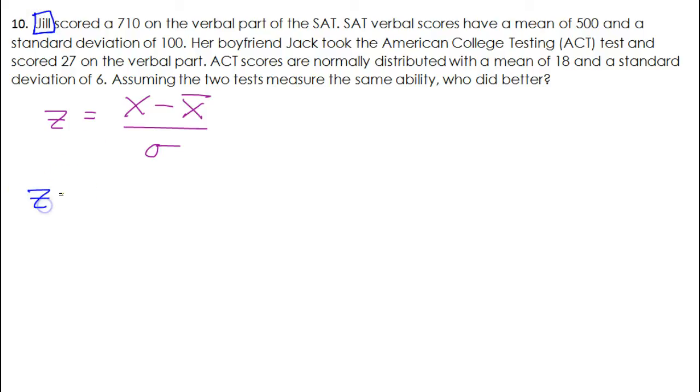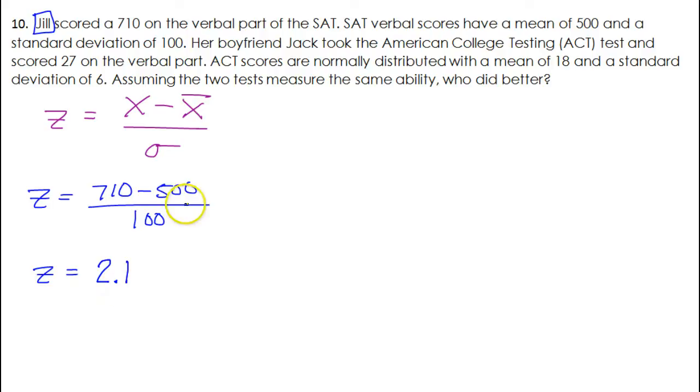So Jill's z-score is 710 minus, and they said for SATs the mean was 500, so minus 500, divided by a standard deviation of 100. Okay, so her z-score, I'll just put this in the calculator, is 2.1. That means she scored 2.1 standard deviations above the mean.